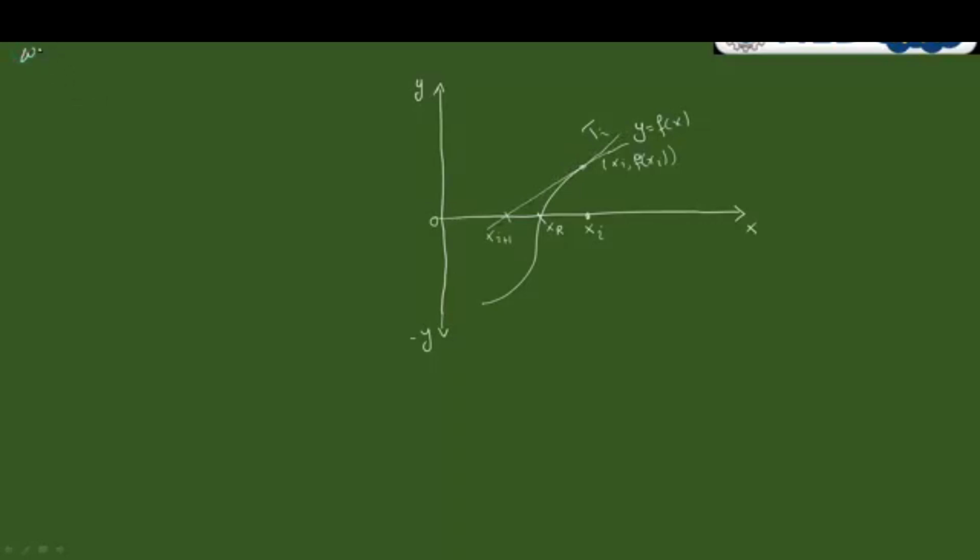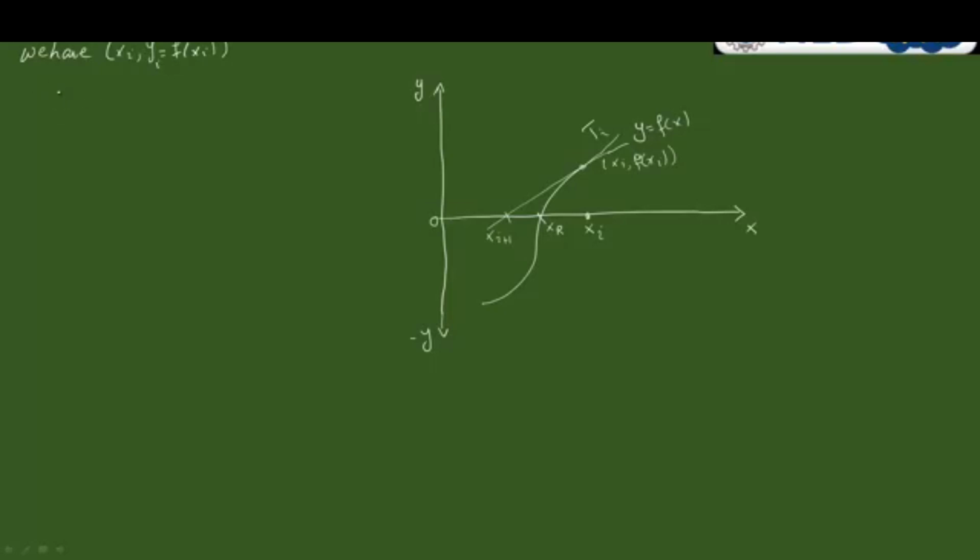We have xi, and yi or f of xi. Yi is basically the value of the function at this point, so I can call it like that as well. So we have xi and f of xi, or in short yi. This is given to us, and now we need to find the equation of a tangent passing through this. We need very basic calculus to derive this formula, and it is a very simple formula.